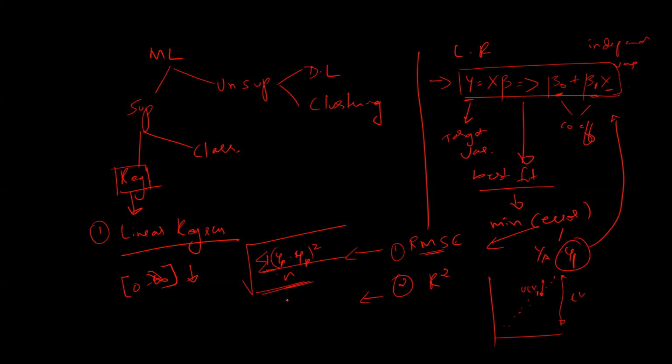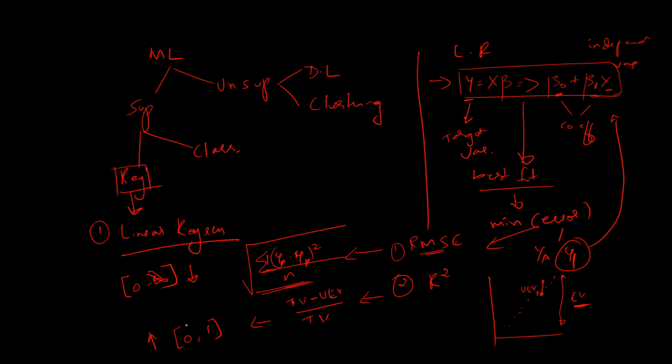So R square is given by total variance minus unexplained variance, divided by total variance. What is the range of this? It will be between 0 and 1, correct? Should it be more or less? As high as possible.